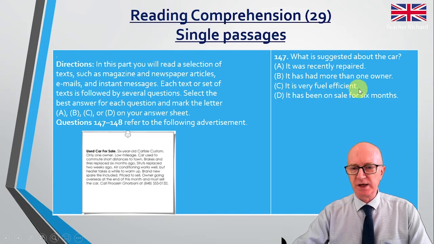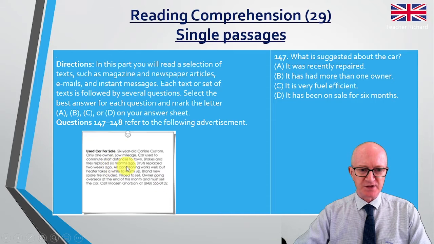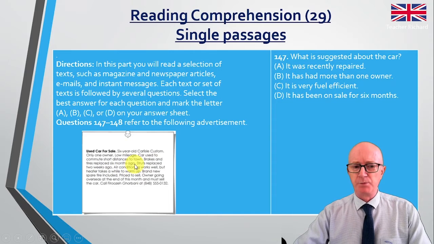C, we can ignore. D, it has been on sale for 6 months. Now, it does mention 6 months here. It says brakes and tyres replaced 6 months ago, but has it been on sale for 6 months? Well, if we skim through the advertisement, we can clearly see it does not say that.